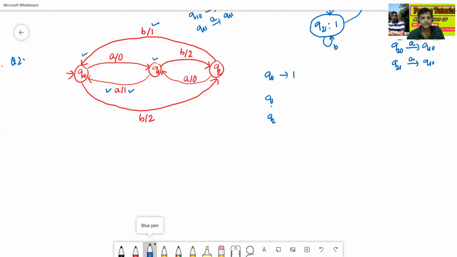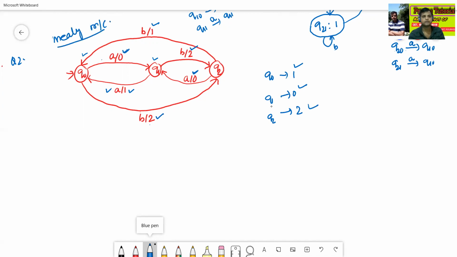For Q1, the incoming outputs are 0 and 0, so only one incoming output. For Q2, the incoming outputs are 2 and 2, so also only one output. So for all states there is only one incoming output. So this is my Mealy machine.